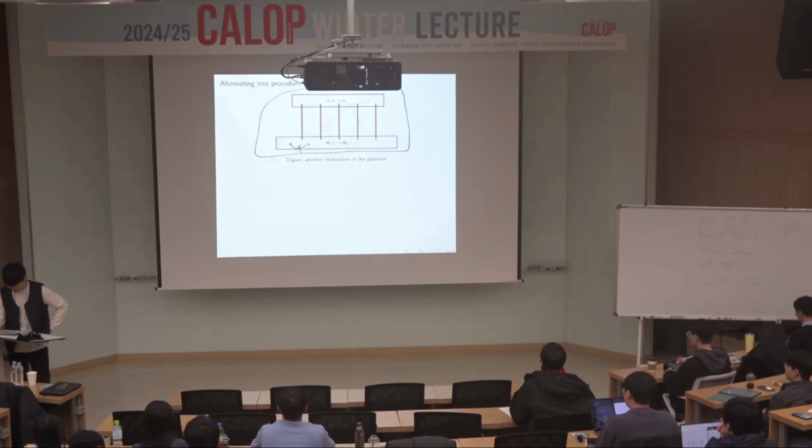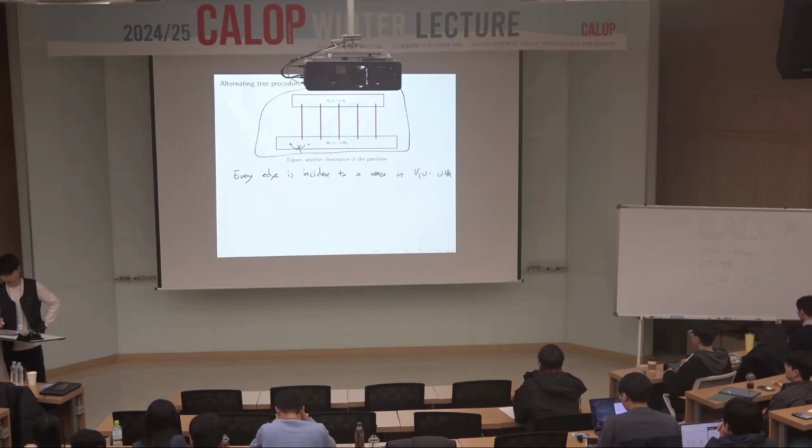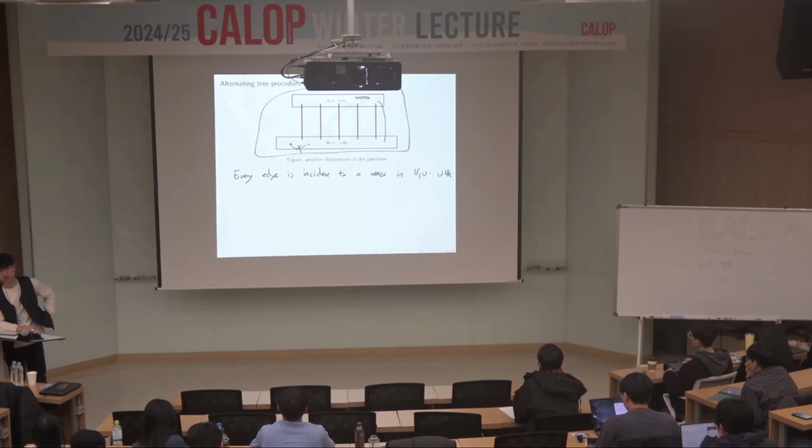So now every edge is incident to a vertex in V1 union VK. What it means is that it can be either crossing the partition, or it's fully contained inside the top set of vertices. It cannot be fully contained at the bottom.